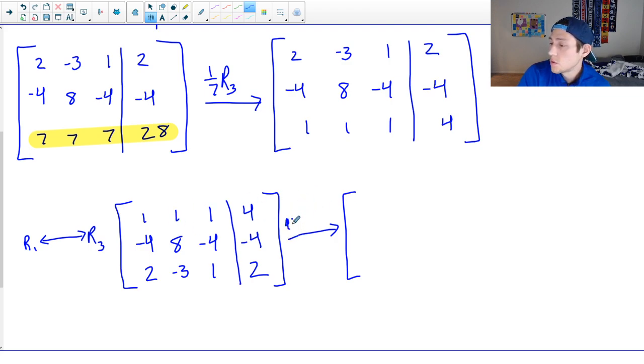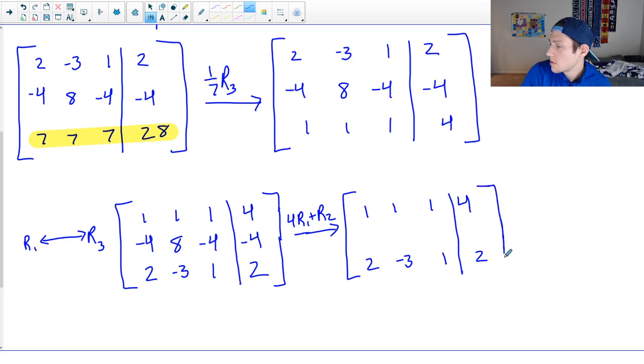So let's do 4 times row 1 plus row 2. Row 1 will stay the same. Row 3 will stay the same. It's just row 2 that will be changing for this step.